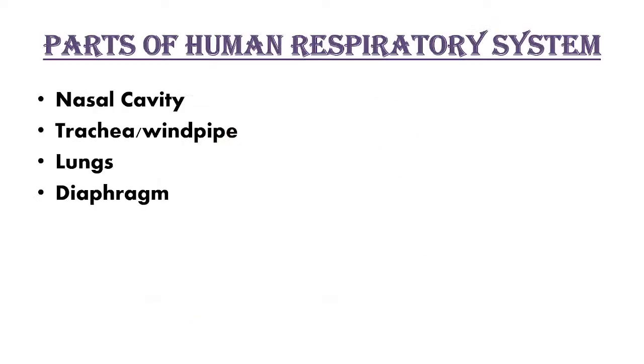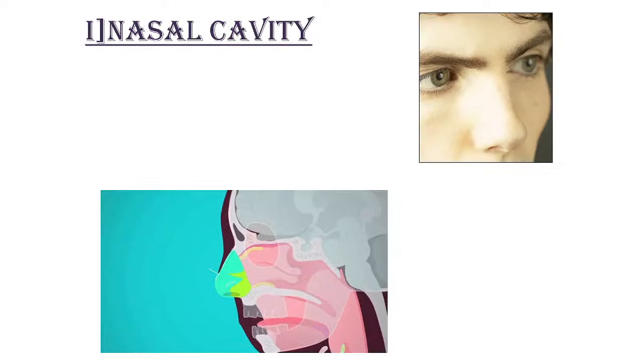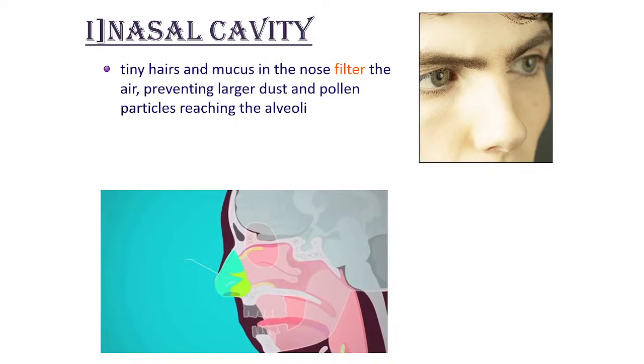So the parts of the human respiratory system, as I told you, are the nasal cavity, trachea or windpipe, lungs, diaphragm, and bronchi or bronchioles. Let us see the first part, that is the nasal cavity. The nasal cavity is also known as the nose or nostril.